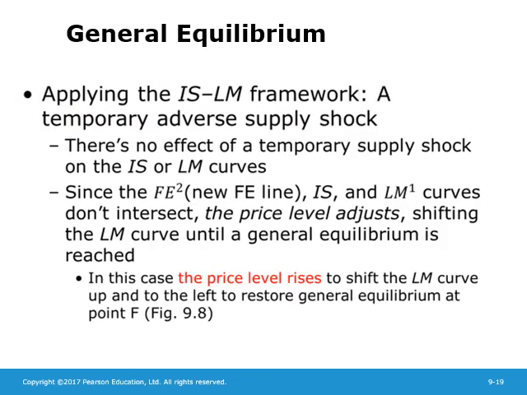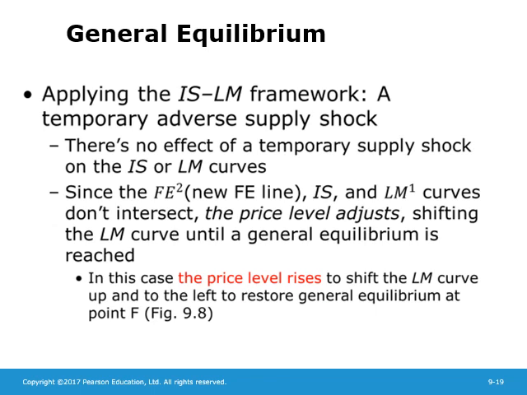So now what about the effect of this temporary supply shock on the IS or LM curve? It will have no effect on the IS or the LM curve, because the temporary supply shock is not affecting a factor that shifts the IS or the LM curve. Remember the summary tables that we said are the most important ones.